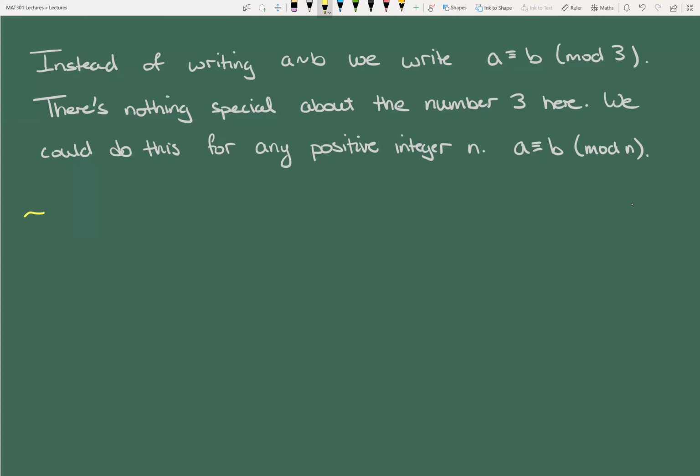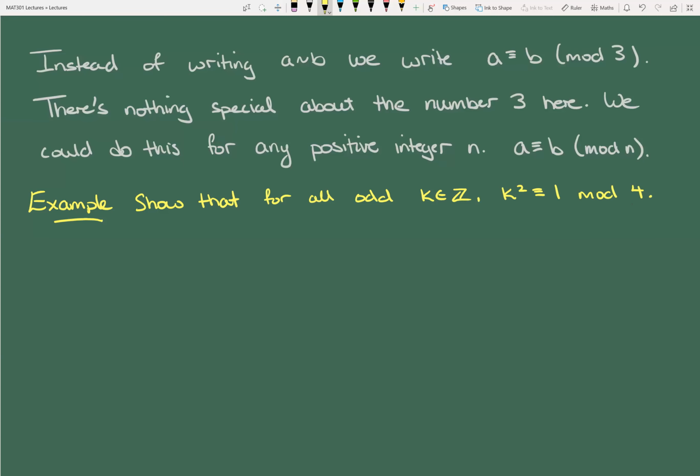Show that for all odd k in Z, k squared is congruent to 1 mod 4.